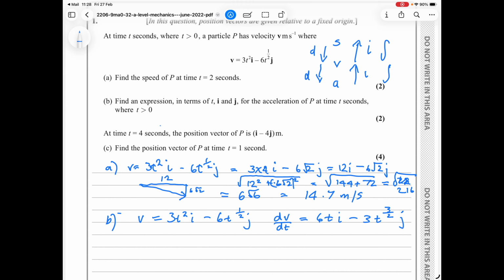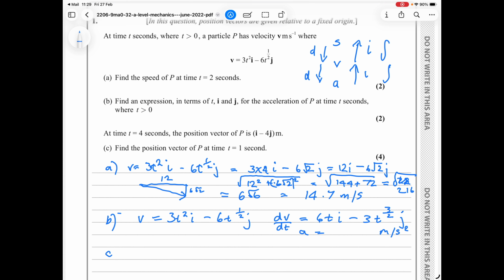And that's it, isn't it? So that's the expression in t, i and j for the acceleration of P at time t seconds, and that would be in meters per second squared.